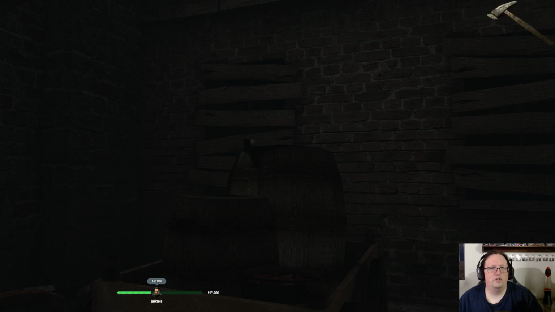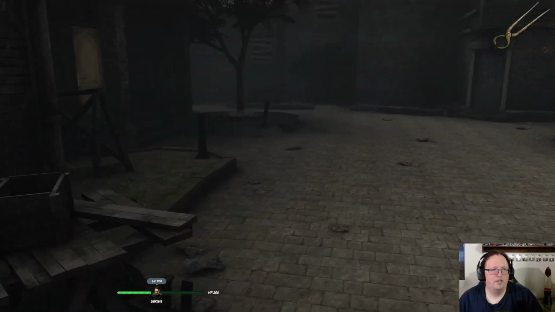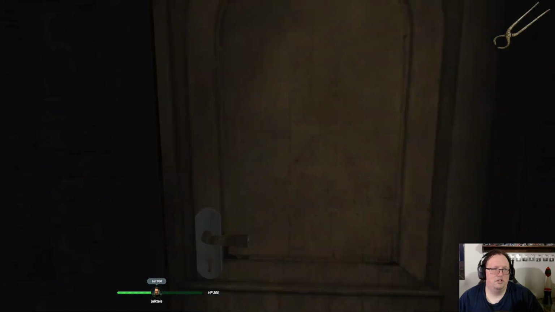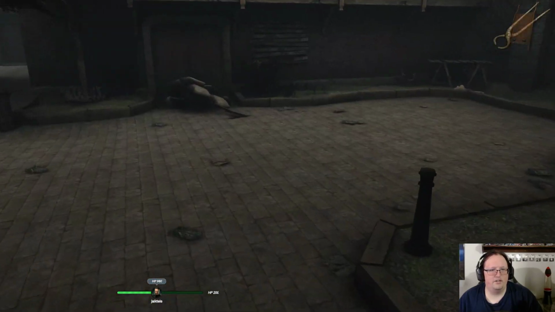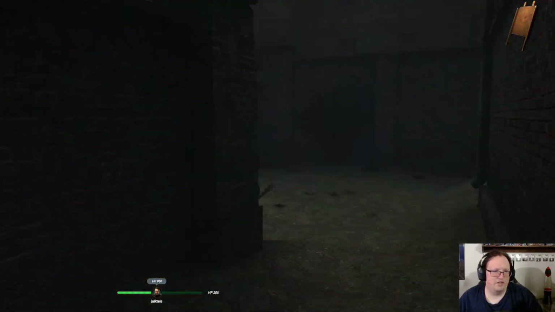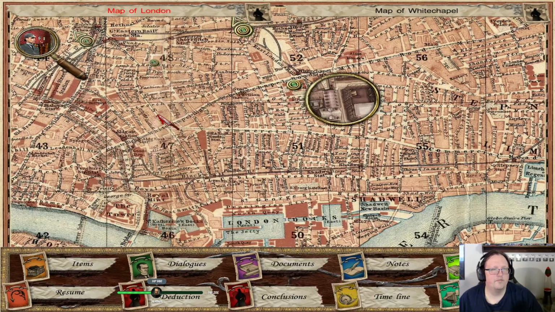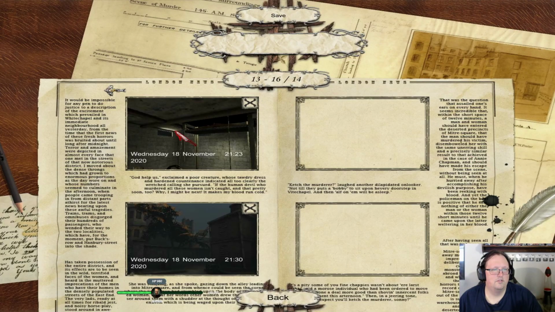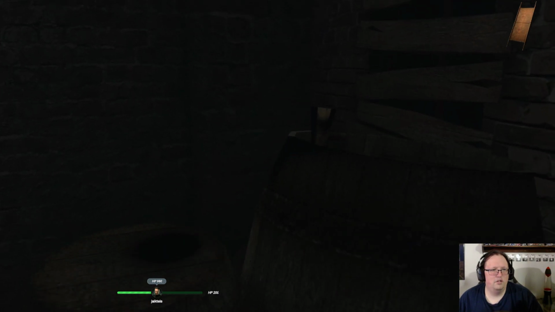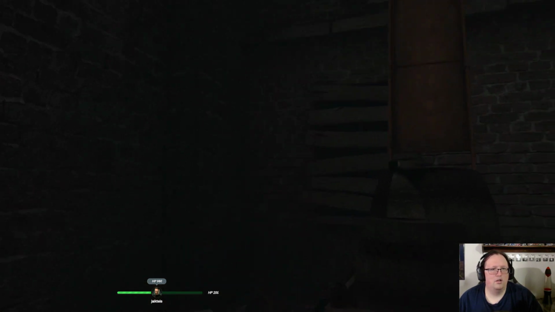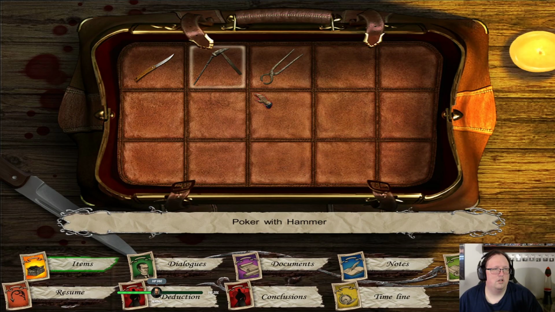This is so convoluted. Wait, what? I didn't get my thing. Because it's invisible. Now the door's... and now smack those together.